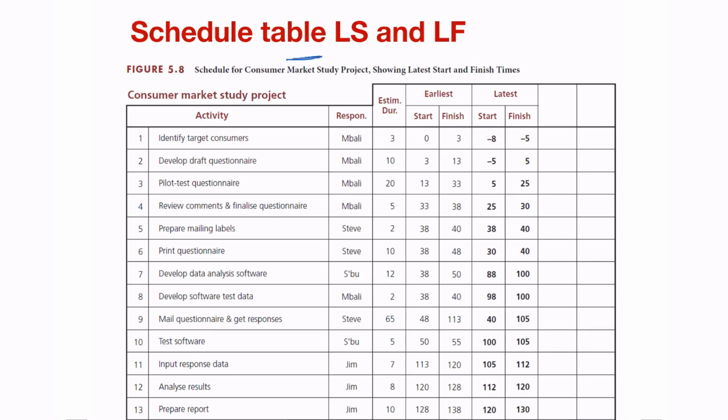We update our schedule table with our late start and our late finish times, and you'll see why this table is important right now. In our next section, we'll talk about slack, and slack is just the difference between the early start and finish and the late start and finish. Thank you.